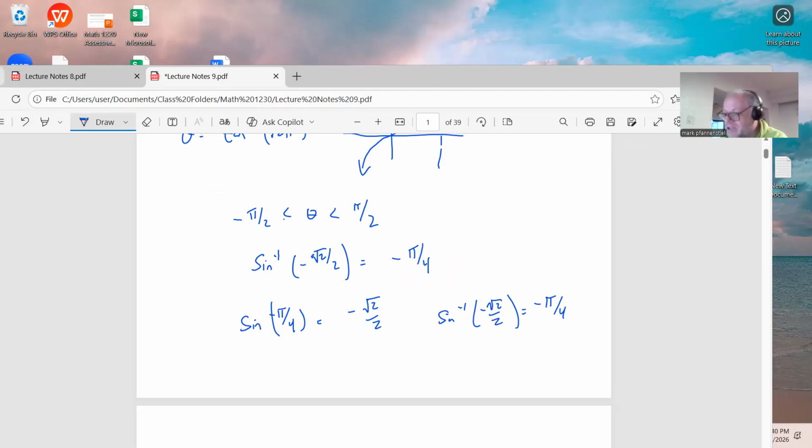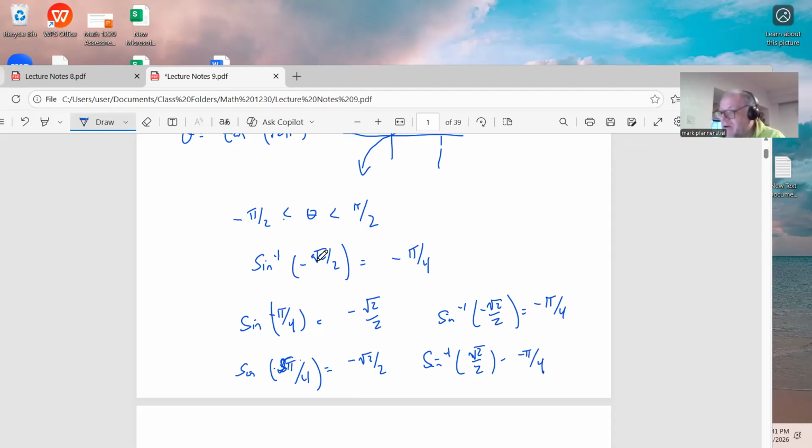However, I want you to think about this, because the sine of, say, 5 pi over 4, it's a third quadrant kind of a thing, is going to give us negative square root of 2 over 2. If I take the inverse sine of negative square root of 2 over 2, it's not going to give me back 5 pi over 4. It's going to give me negative pi over 4.